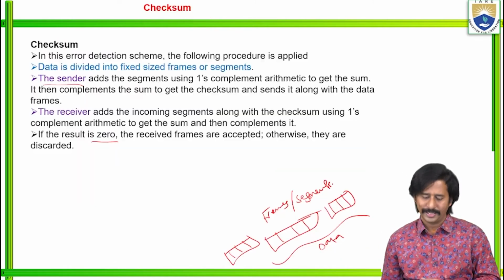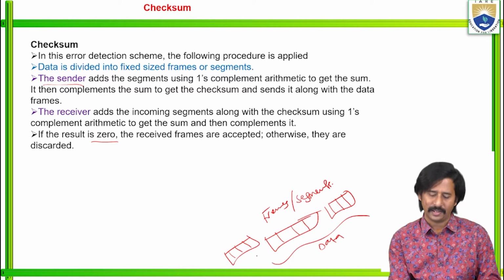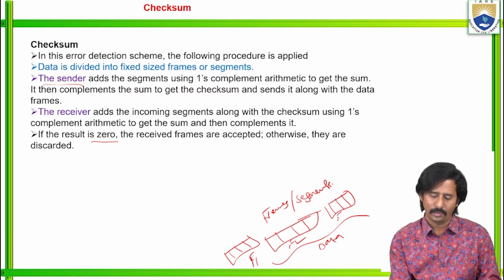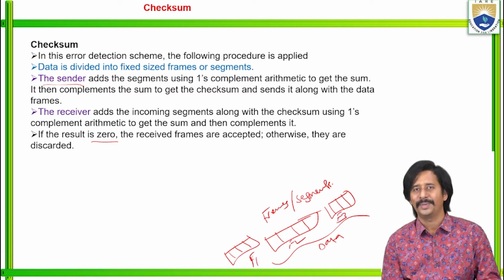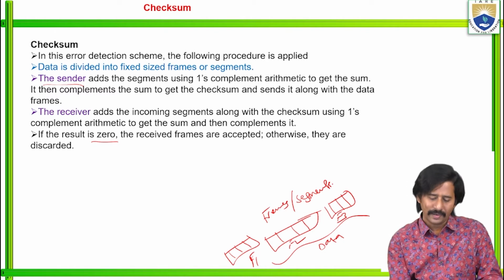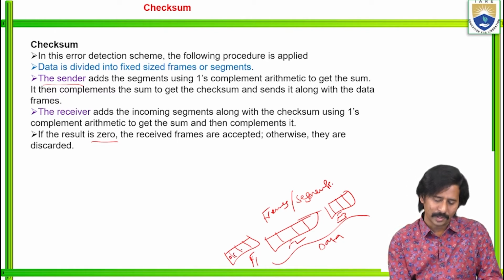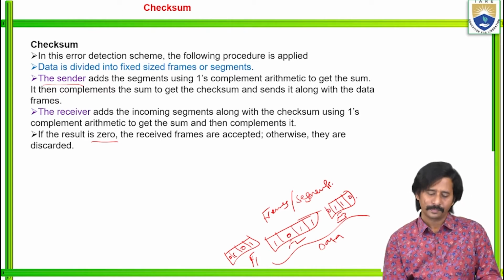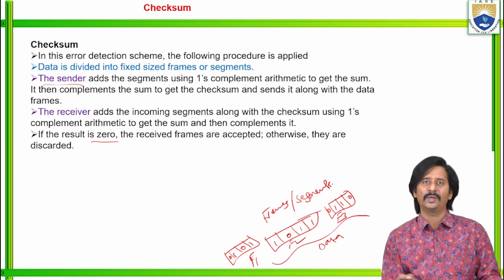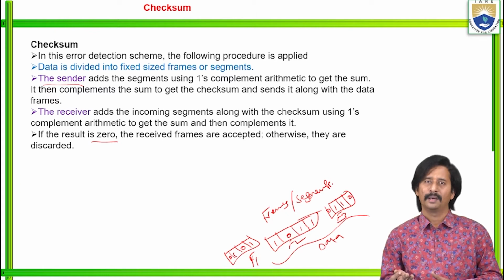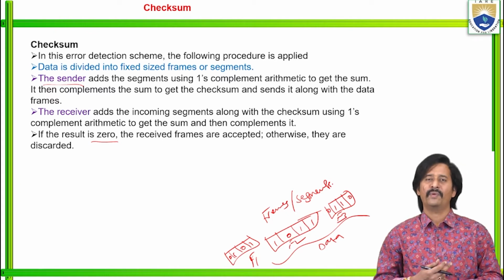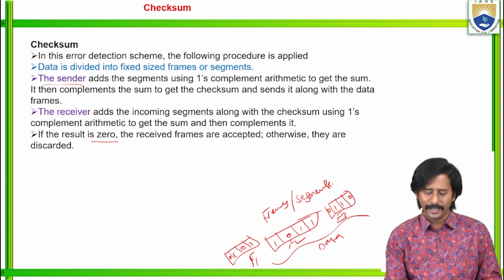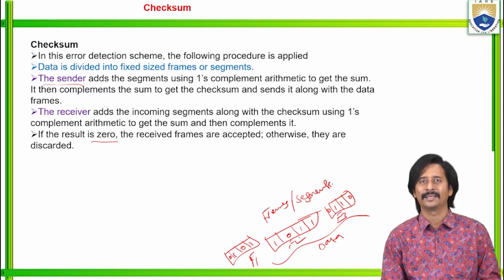See here, these are the frames: frame 1, frame 2, frame 3 that I need to transmit. But what happens if, for example, 0 1 0 1 1 0 1 1 0 1 1 0 something, whenever we add these frames, then even after performing the ones complement, there are some changes that occur.